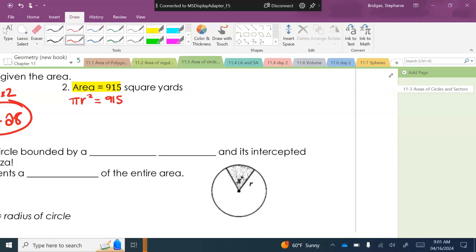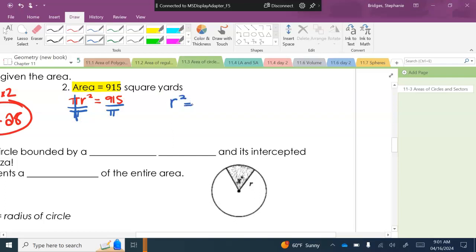The process is going to be the same, except I do not have the pi symbol on both sides. What am I going to need to divide by to get r squared alone? Pi. It does cancel out on the side with the r squared.